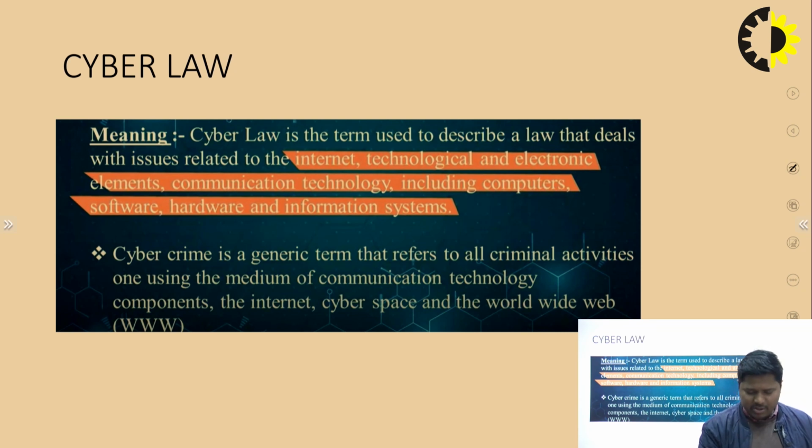We can say that cyber law is a set of rules that govern online activities and transactions. It protects people and businesses from cyber crime, and covers privacy and data security. It is a generic term that refers to all the criminal activities.